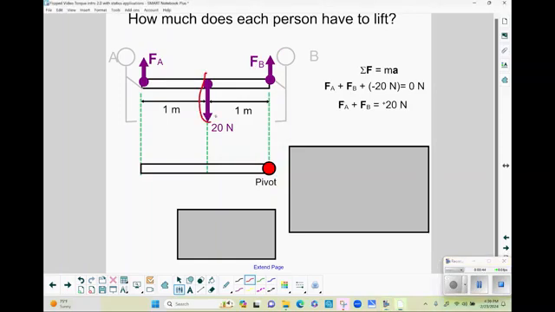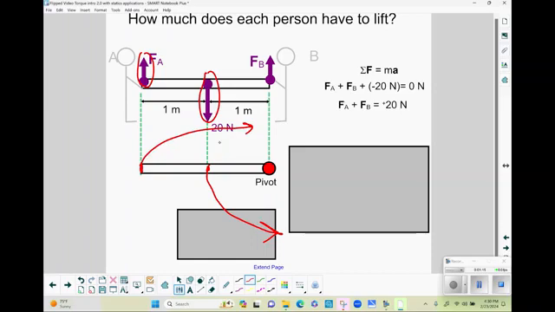The 20 Newton force would be pulling the rod down, which would be down and around the pivot. So in this particular case, since the pivot is on the right side of the force of gravity, this is going to cause gravity to twist the rod in a counterclockwise direction. FA, pulling upward, would take this end then and lift the rod up and around the pivot in a clockwise direction.